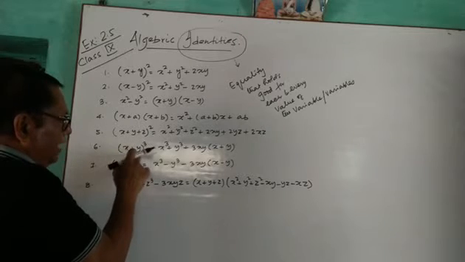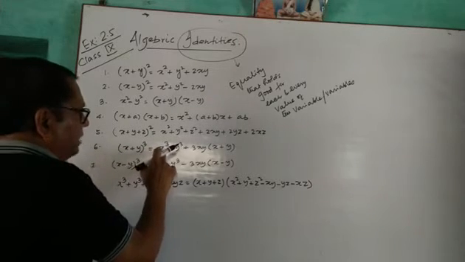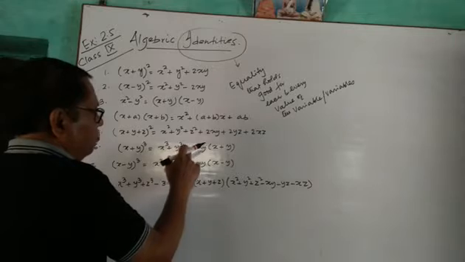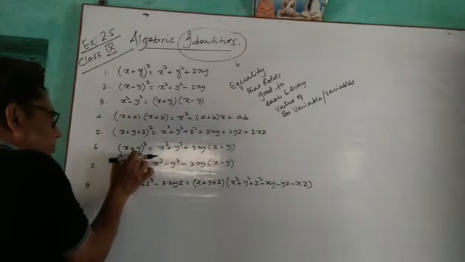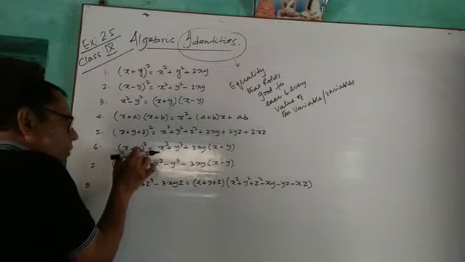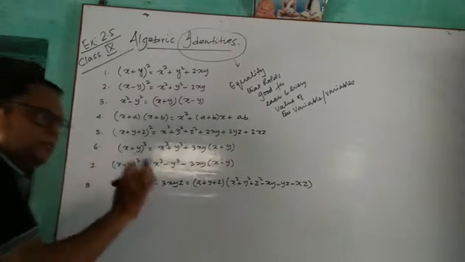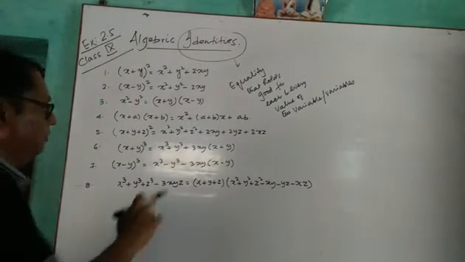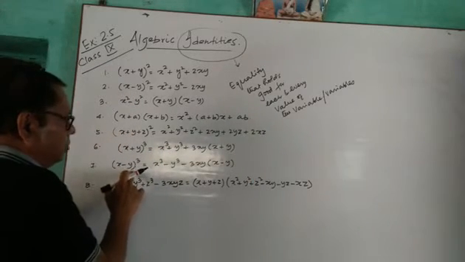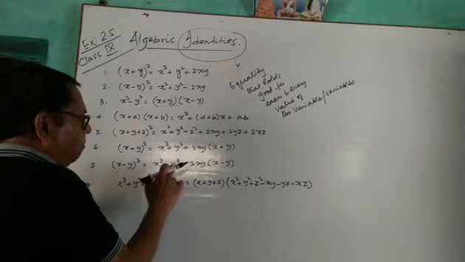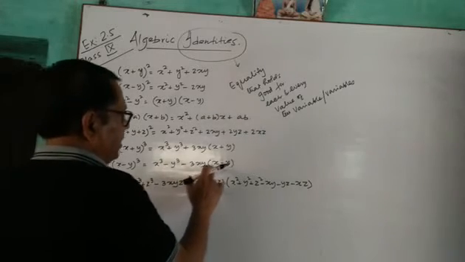Its formula is x cube plus y cube plus 3xy into (x + y). What does it mean? If (x + y) into (x + y) into (x + y), if we do that, we will get this very expression. Similarly, with (x − y) whole cube, x cube minus y cube minus 3xy into (x − y).